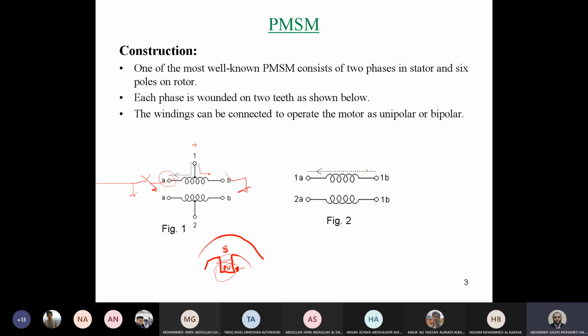How can we reverse the current direction? By means of a 4-quadrant DC chopper, like what we already discussed in DC motors. So the 4-quadrant DC chopper, which we also call an H bridge or full bridge. It's like that.